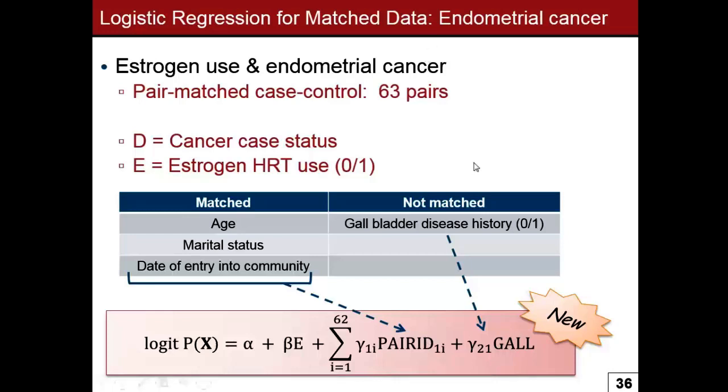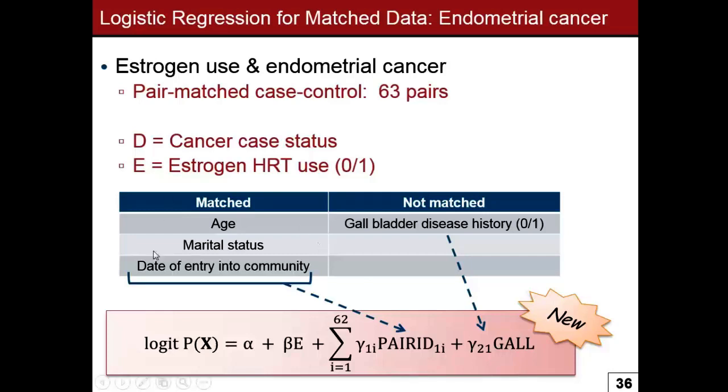Now I'm going to walk through the conditional analysis using our gallbladder example. Here we have our endometrial cancer cases who are matched on age, marital status, and date of entry into the community, and not matched on disease history. For gallbladder disease history, we're just going to control for it in the analysis.